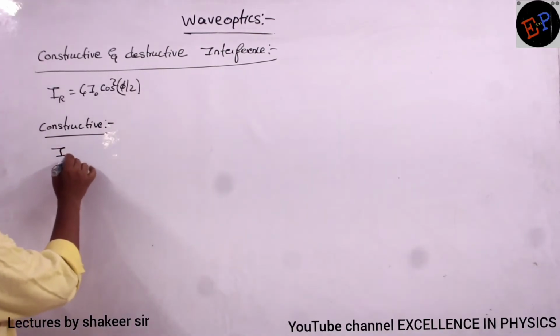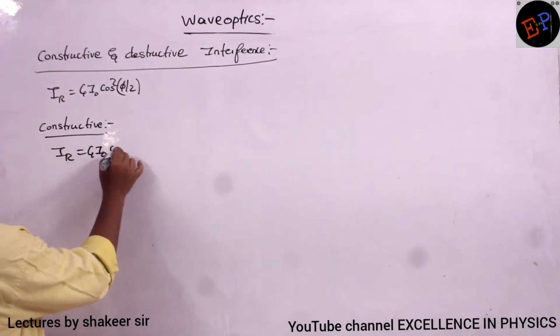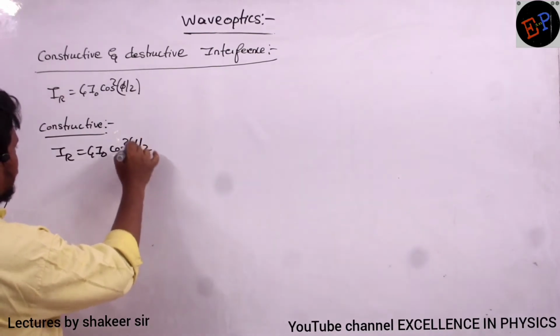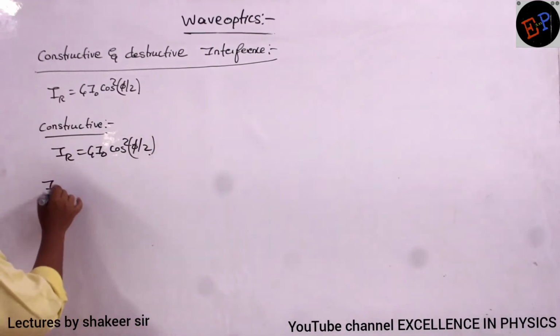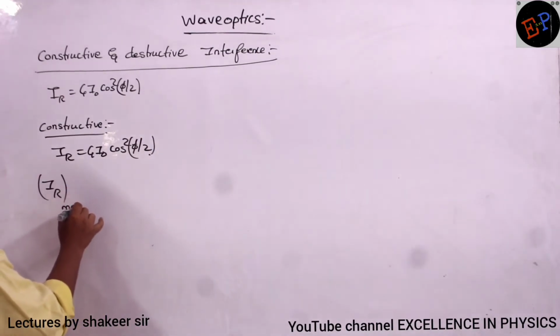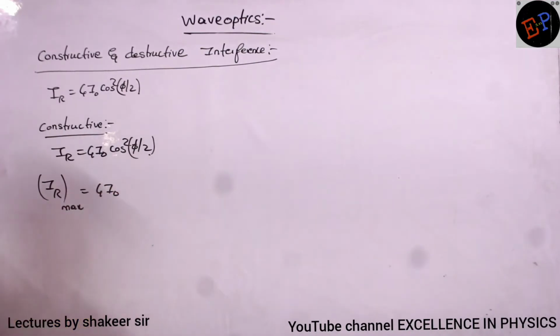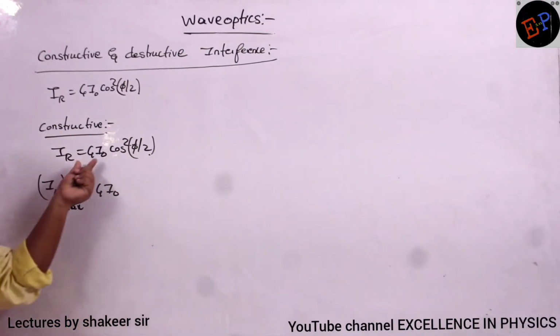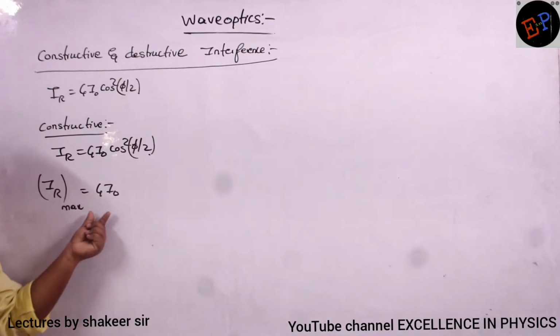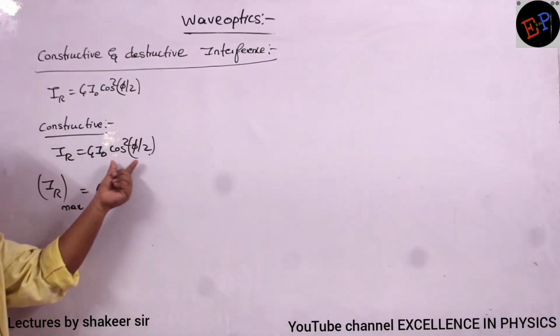So I_R is equal to 4 I naught cos square(phi/2). The maximum intensity is how much? 4 I naught only, no? Because the maximum value of cos theta is 1 only, and 1 square is also 1.